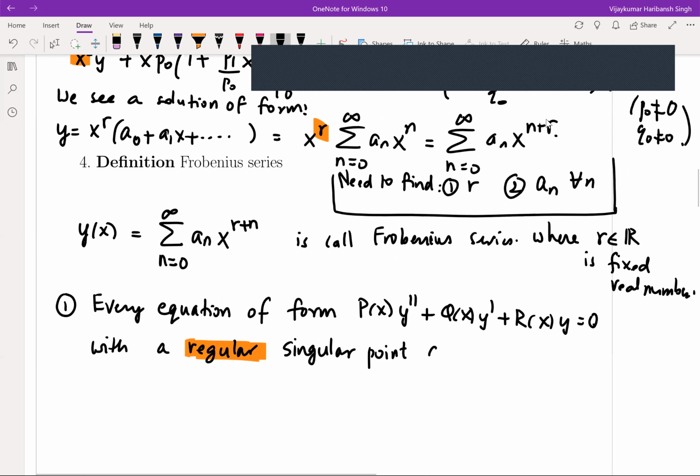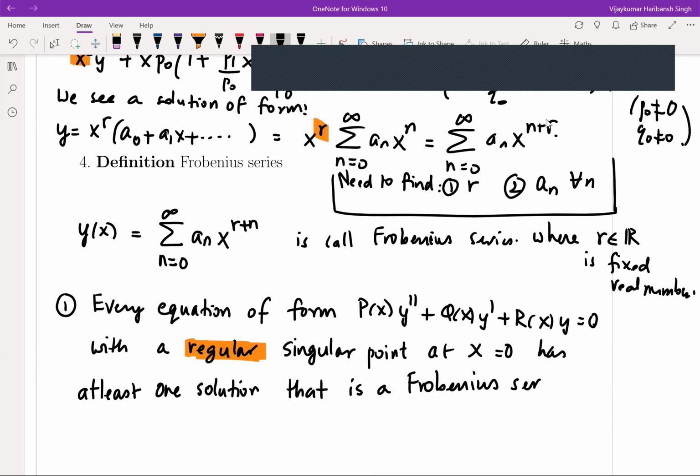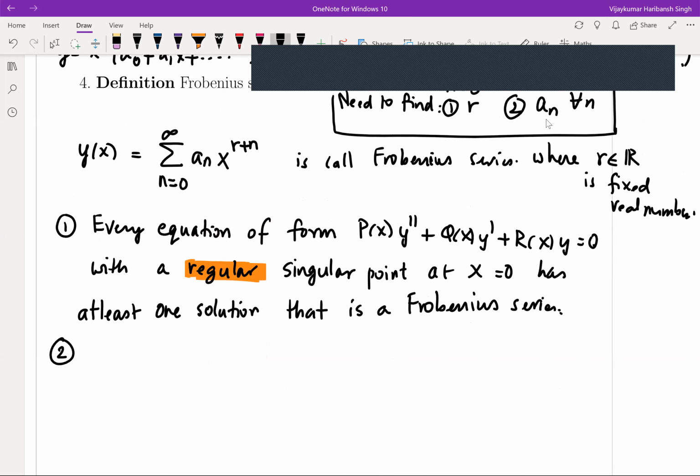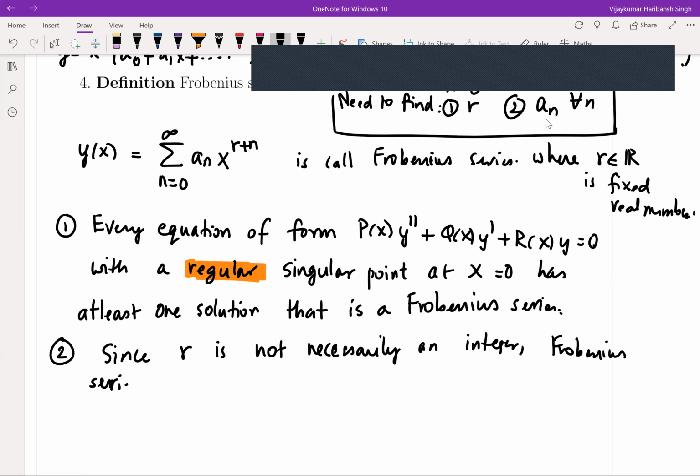Another note of caution: since r is not necessarily an integer, a Frobenius series is not a power series.